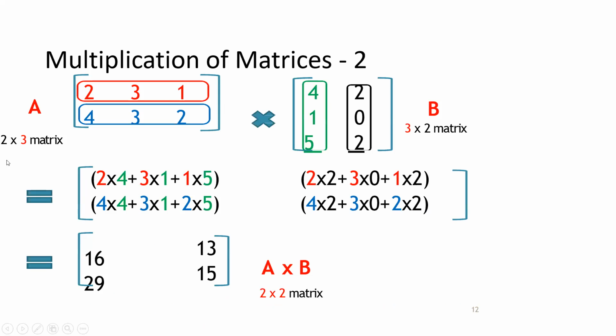So similarly, multiplying 2 by 3 and 3 by 2, we get a 2 by 2 matrix. Here we can see how we do the multiplication: the first element in the first row of the first matrix and the first element in the first column of the second matrix are multiplied and added to the next term, that is 3 into 1 and 1 into 5. So this is basic mathematics.